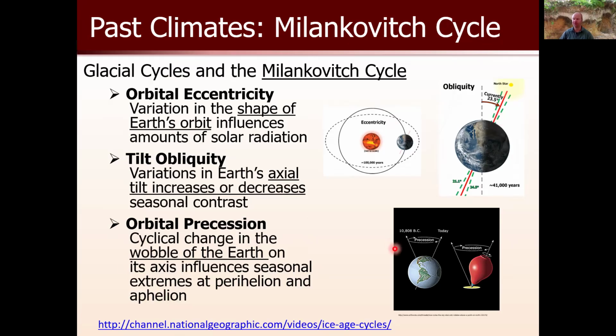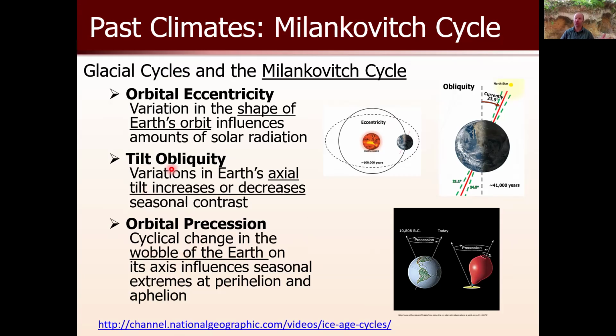Finally, part three, last but not least. If you spin a top, for example, or at least if you were looking straight down on that tilted pole, the tilt might look like this at this moment, but actually over this more like 10,000 year cycle, our axis is moving in this orbital precession, the wobble, and that is also very much affecting these radiation balances.